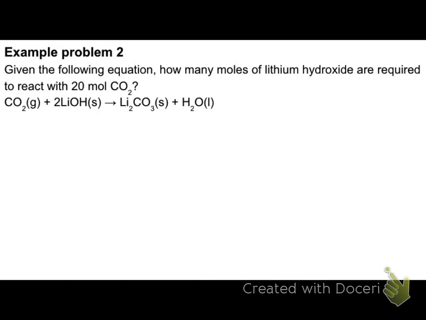So to set up, we have to start with our starting substance. So we know to begin with we have 20 moles of CO2. Okay? And by the time we get to the end of this, we're hoping to have some number of moles of lithium hydroxide, which I did not leave myself enough room to write.